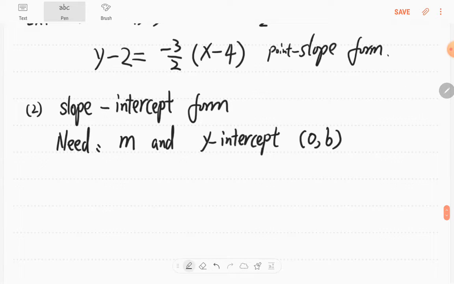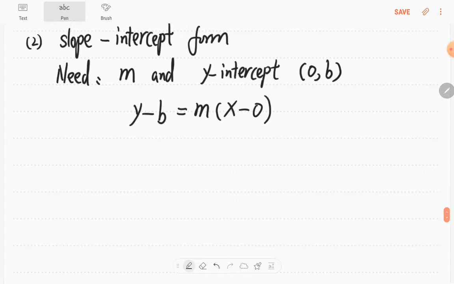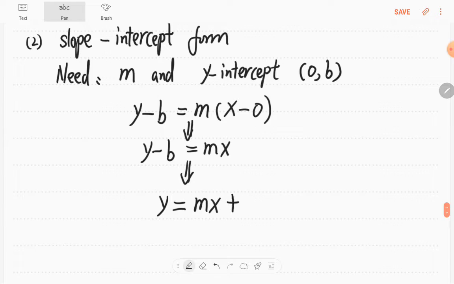So this is y minus y1, where y1 is b, equals m times x minus x1, where x1 equals 0, right? This is the point slope form. Then let's rewrite it. This is y minus b equals mx, which implies y equals mx plus b.